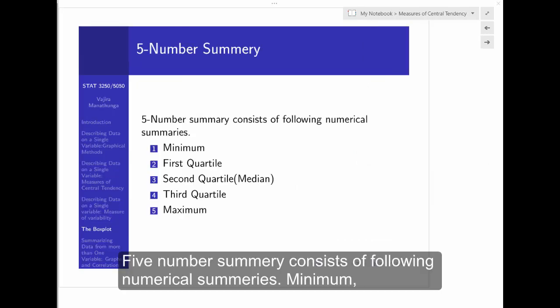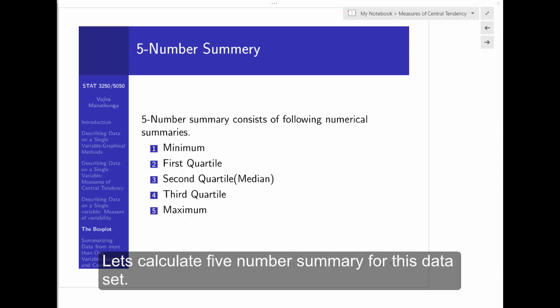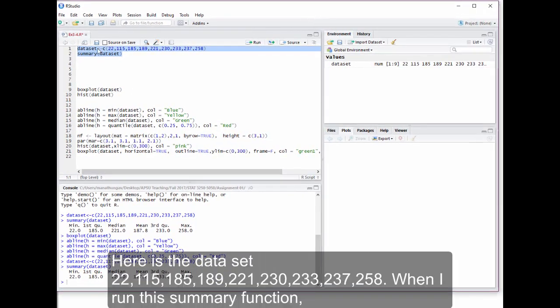The 5-number summary consists of the following numerical summaries: minimum, first quartile, second quartile, third quartile, and maximum. Let's calculate the 5-number summary for this dataset. We are going to use R to calculate 5-number summaries. So here is the dataset: 22, 115, 185, 189, 221, 230, 233, 237, 258.